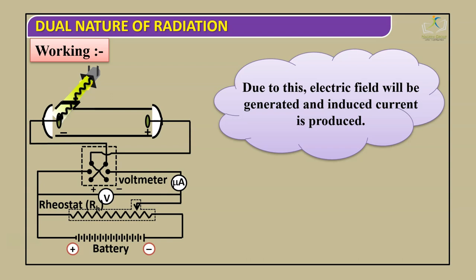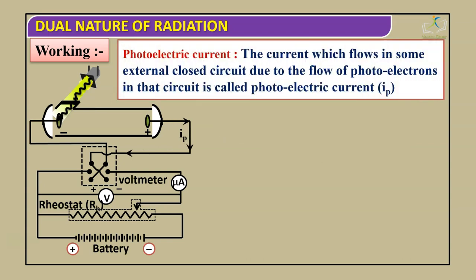Due to this, an electric field will be generated and induced current produced. This is called photoelectric current.